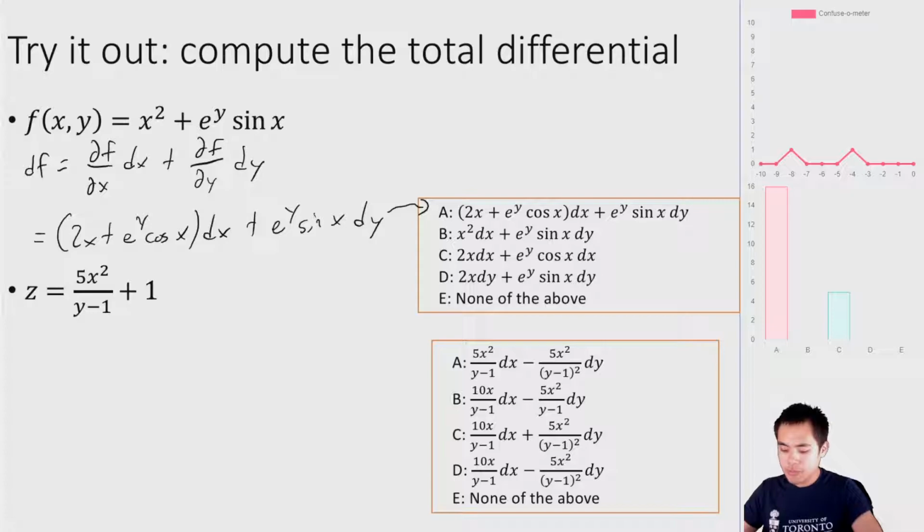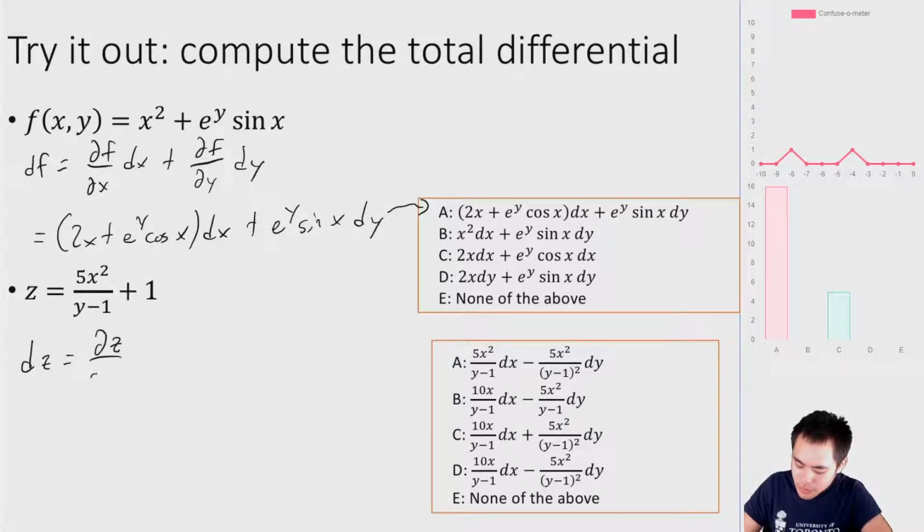So let's try z is equal to 5x squared over y minus 1, plus 1. So what is the partial derivative of this thing? Again, what you're doing is dz is going to be equal to the partial derivative of z with respect to x times dx plus the partial derivative of z with respect to y times dy.